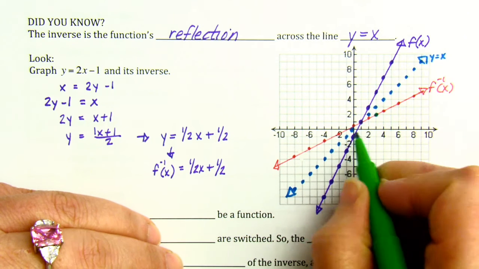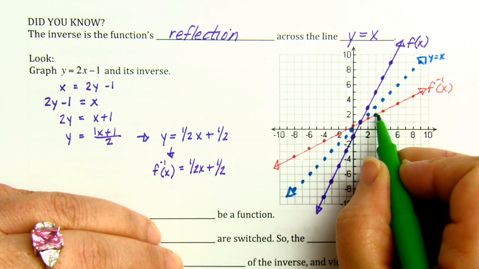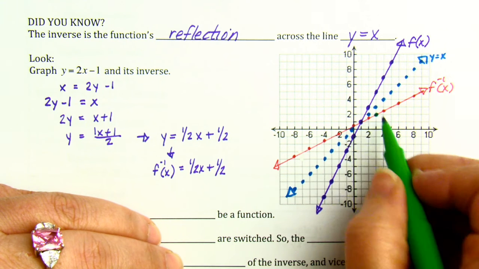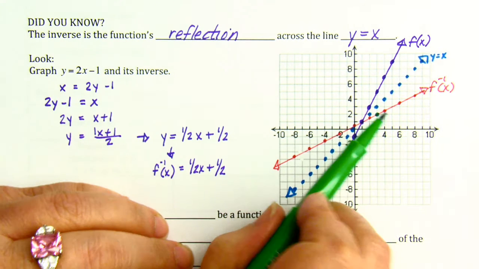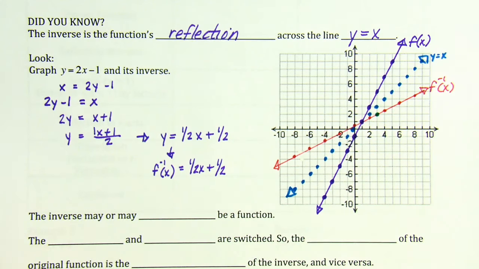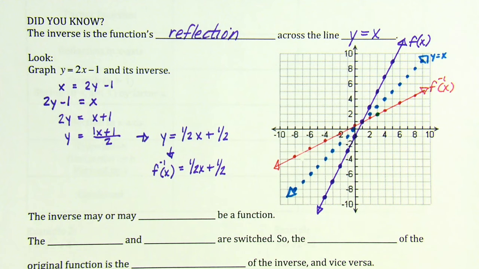This ordered pair is x is 3, y is 2. Look at this ordered pair, x is 2, y is 3. They are switched. And these 2 points are the same distance away from that line y equals x. Okay, so convince yourself that this is a thing. There's symmetry about the line y equals x.